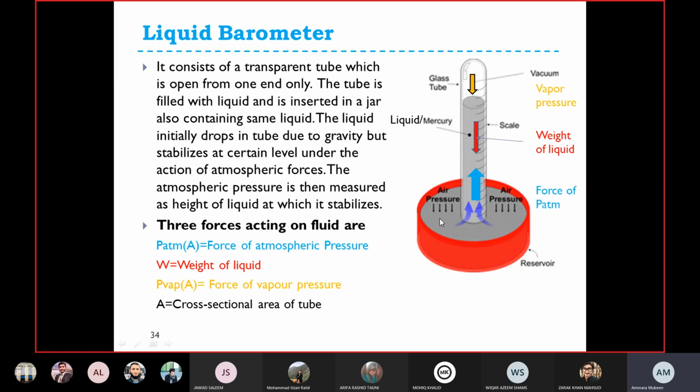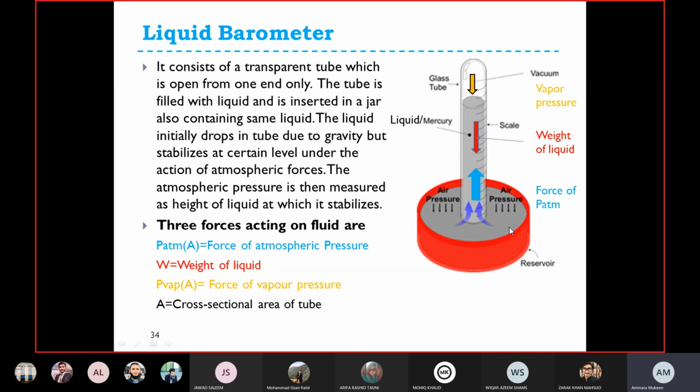Okay, so three forces would be acting on a fluid in the tube. What are those three forces? One is the pressure from the bottom, and that pressure is actually the atmospheric pressure.